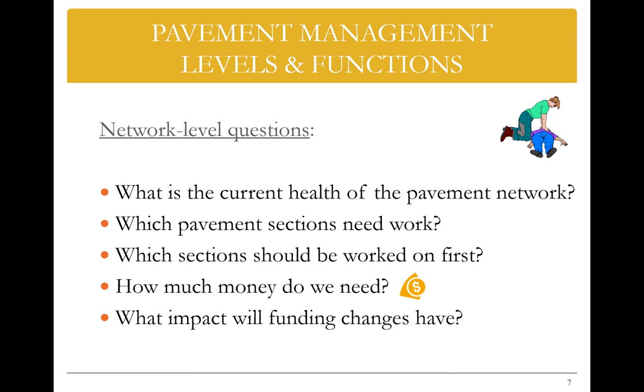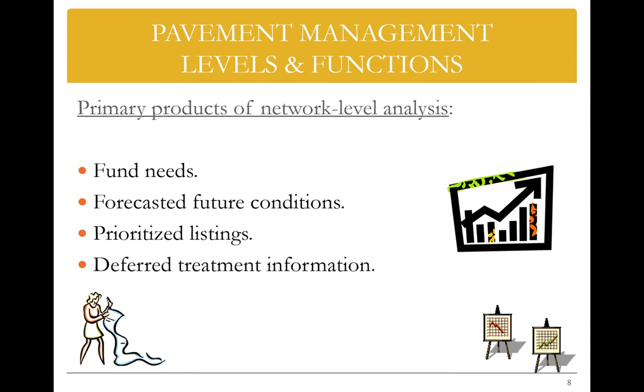The last question here is, what impact will funding changes have? So the amount of money that we're going to put in will improve the network pretty significantly, or not much improvement. All these questions need to be answered from the network level perspective.